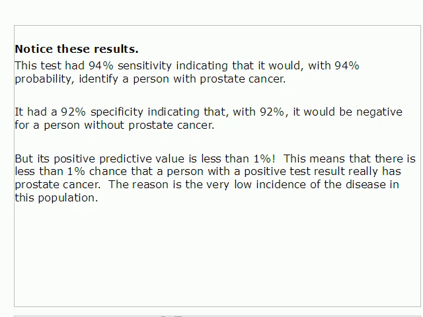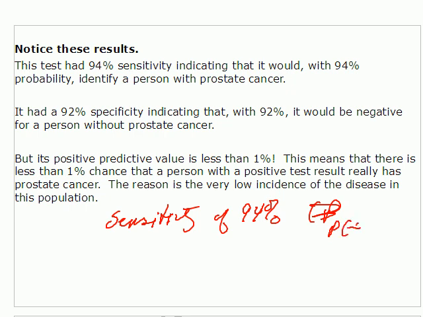Well, let's look at these results a little bit because they are interesting. What we had here was a test with a sensitivity of 94%. That's the probability the test was positive given that the person had the disease.